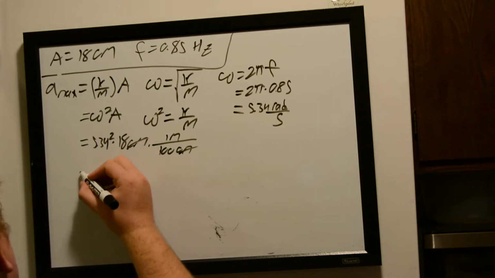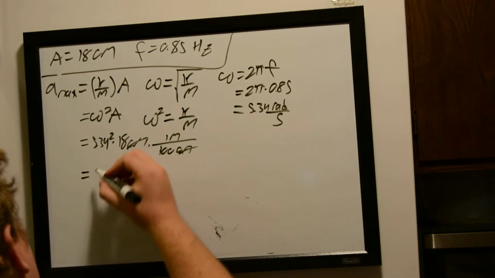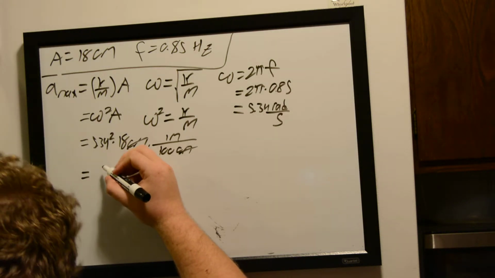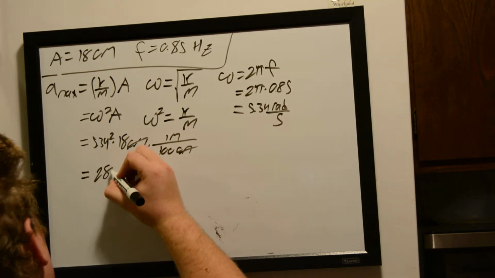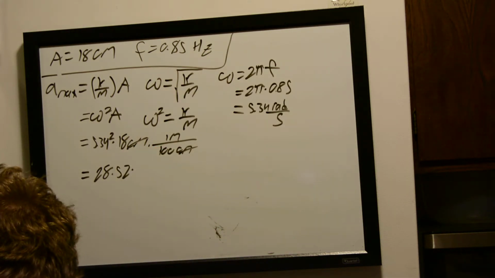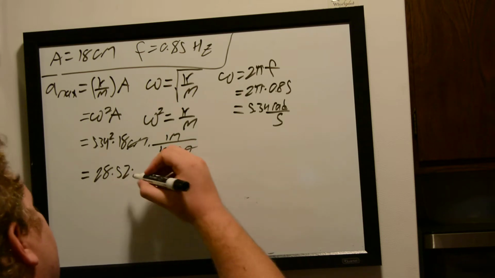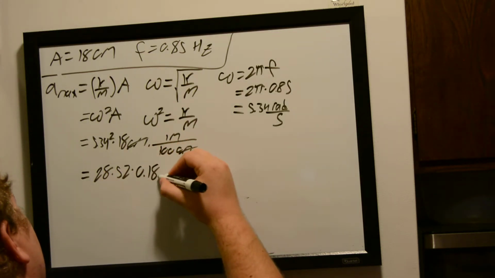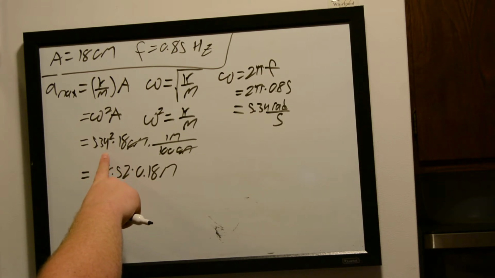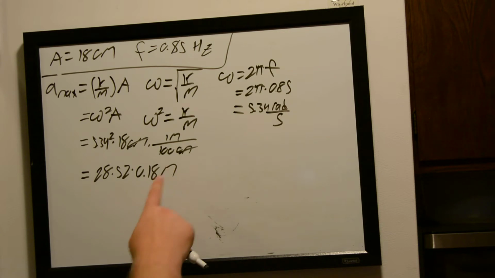into meters here. So that is going to be 5.34 squared times 0.18 meters. And this up here is radians per second, so that's going to be meters per second.